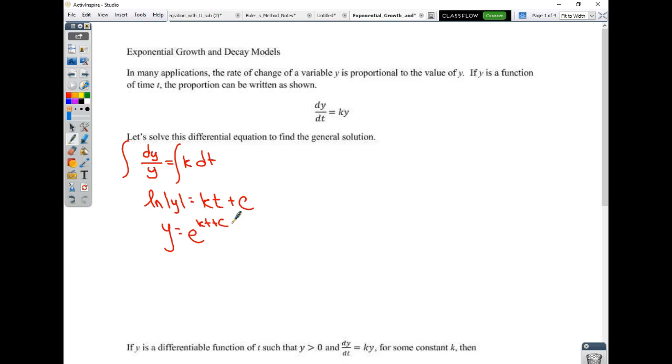kt plus c. And we've already talked about this. We know that y equals e to the kt plus c. I can take this e to the kt, separate it with e to the c. And e to the c is really just P. Oh, look, P e to the rt.